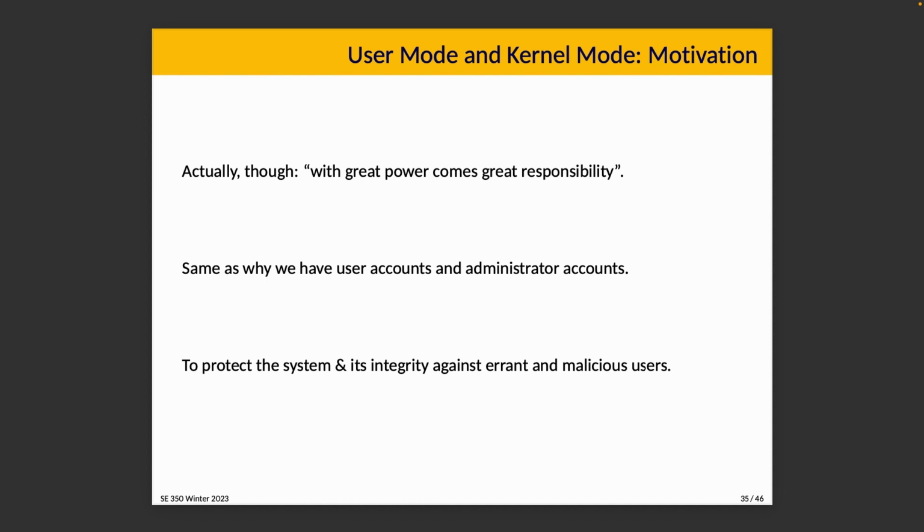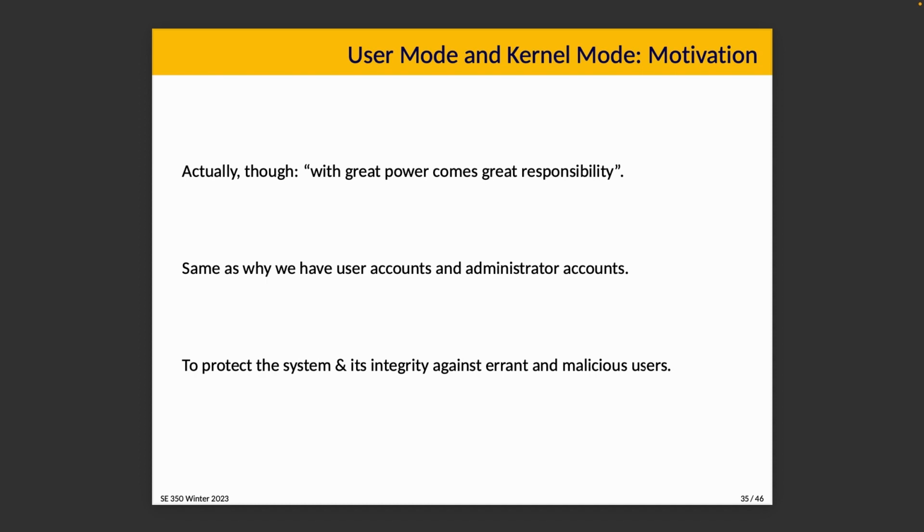We've already talked about protection and the importance of enforcing the rules of the system. And so reading data and writing data, especially sort of outside our area, is going to be the responsibility of the operating system, and to make sure that we do not let users do things that they are not supposed to do.